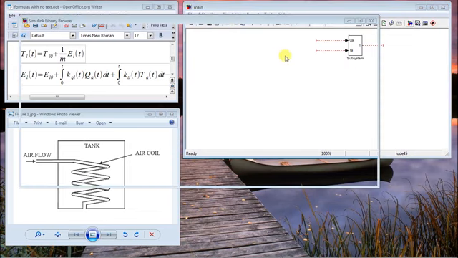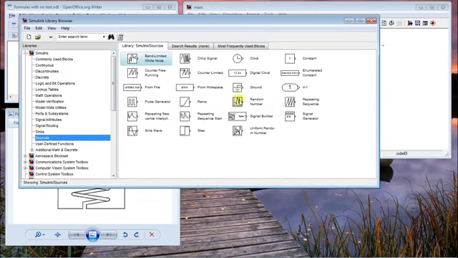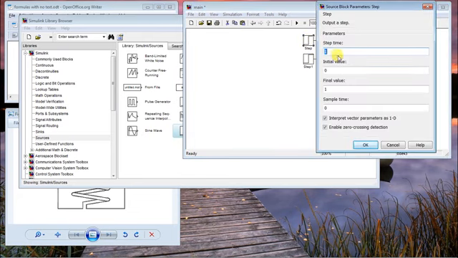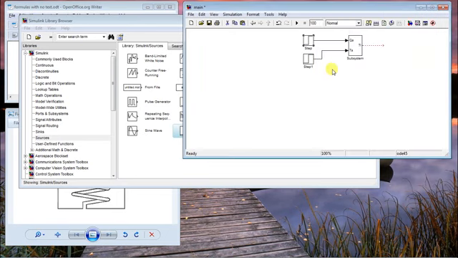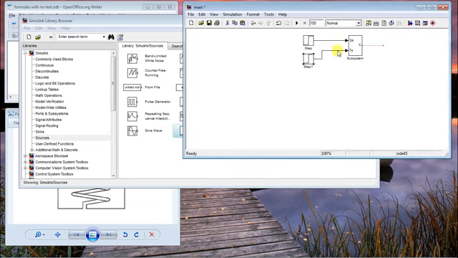And I'm going to place the steps again. And I remember we had a final value of 0.1 for this and a final value of 50.